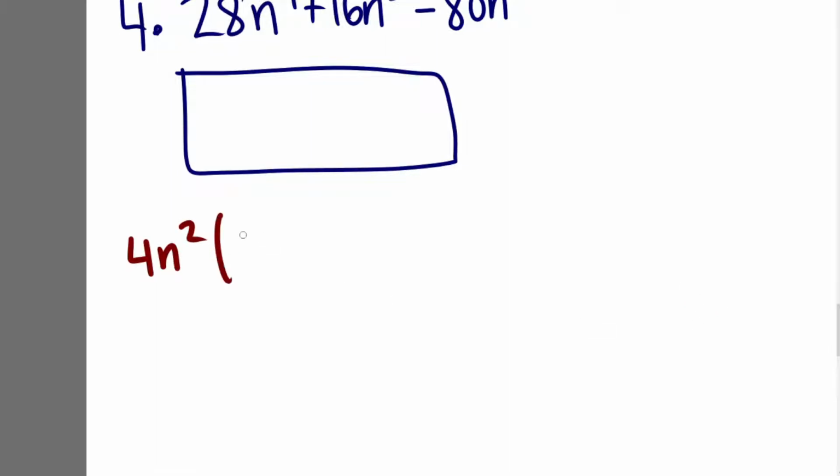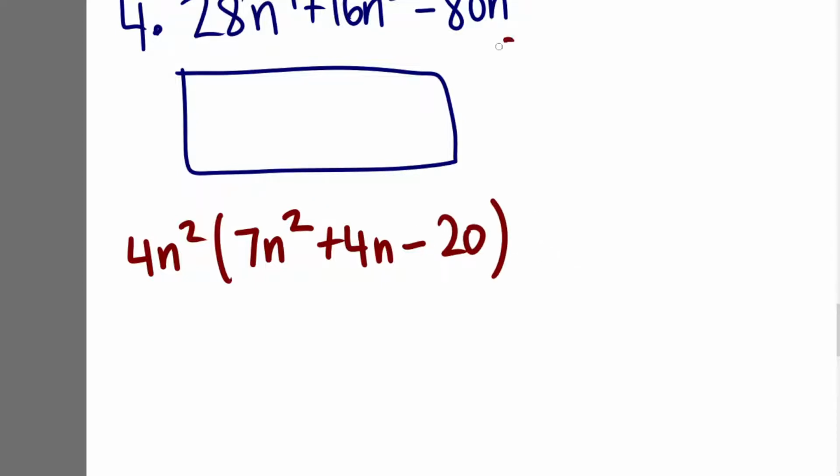And that will leave us with 7n squared plus 4n minus, 80 divided by 4 is 20. So minus 20. Now, we found our greatest common factor.